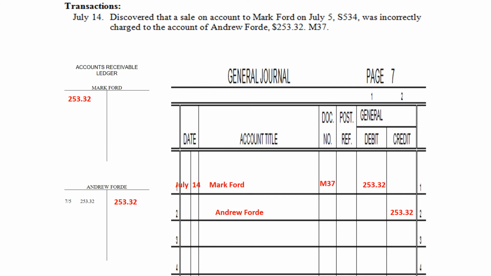Again, we are not using accounts receivable / Mark Ford and accounts receivable / Andrew Ford, because the accounts receivable controlling account does not change. That's not where the error is. The error is in the subsidiary accounts receivable ledger of Andrew Ford and the subsidiary accounts receivable ledger of Mark Ford. Therefore, we can just put Mark Ford and Andrew Ford there.